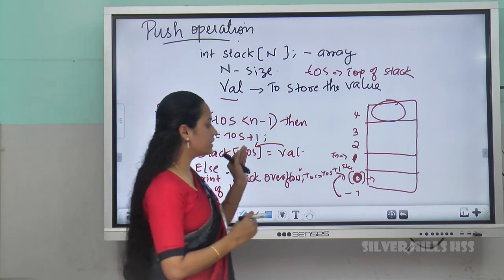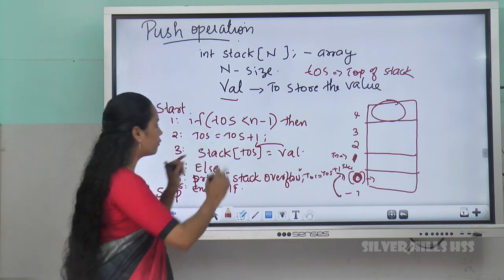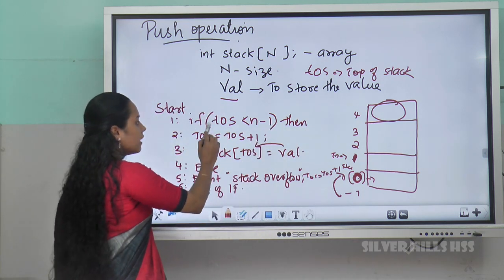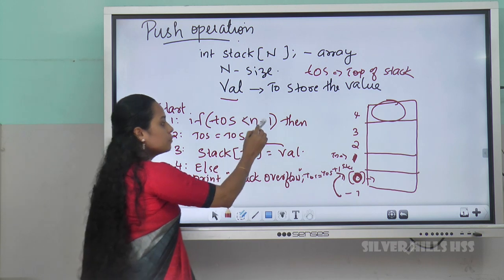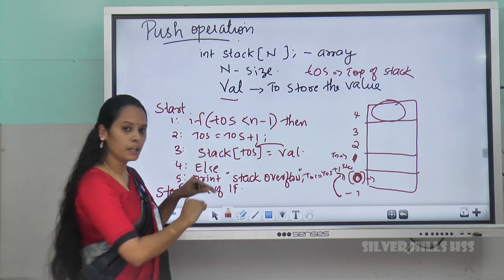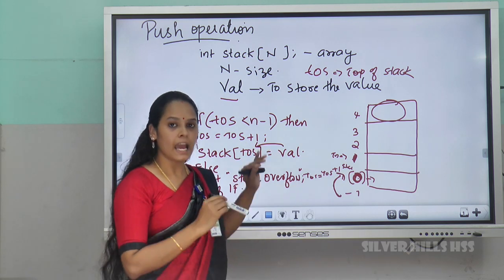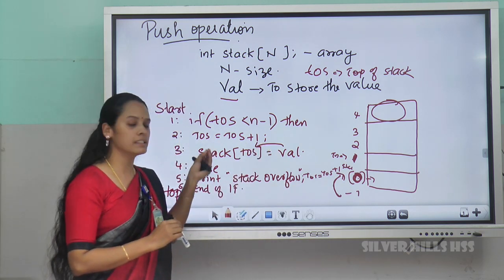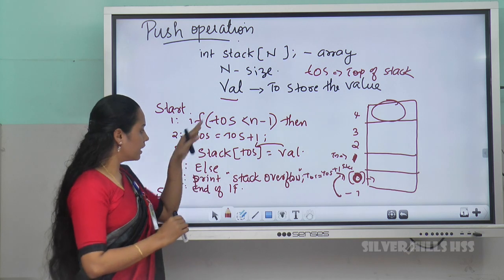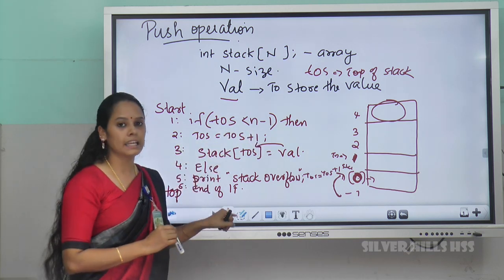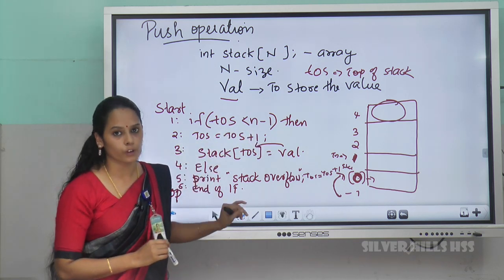So when we want to insert an element to a stack, first we have to check the space availability, whether the value of TOS is less than n minus 1. If it is, we have to increment the value of TOS plus 1 first, and then we can store a value inside that position. If this condition is false, that situation is stack overflow.